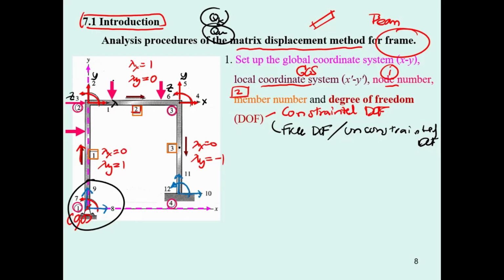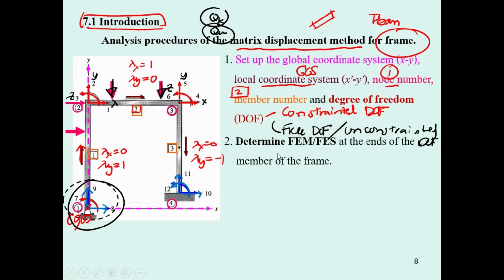But for the frame, and also the beam, the forces may be applied between the nodes. Then you have to determine the so-called fixed end moment and fixed end shear.